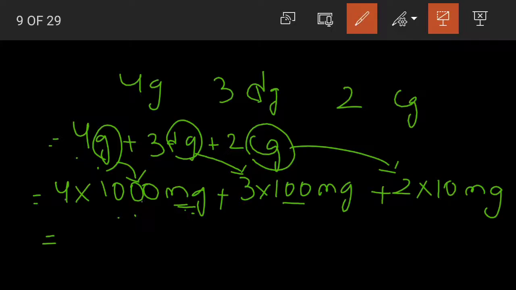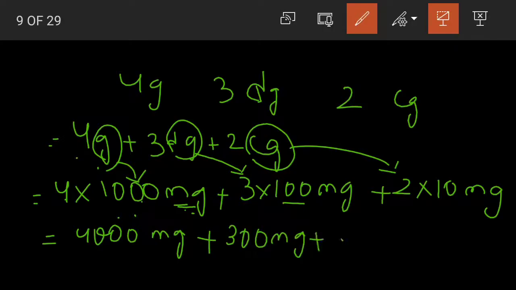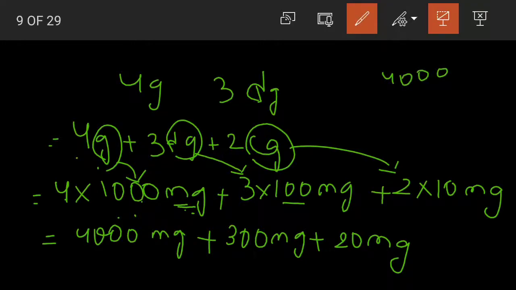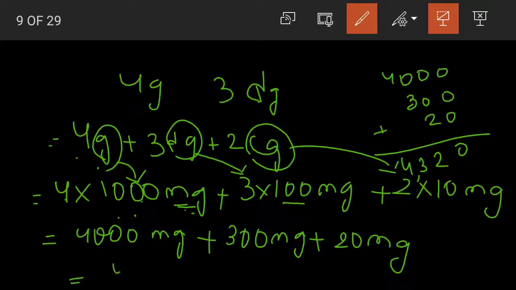So upon multiplying, 4 into 1000 is 4000 milligrams plus 3 into 100, 300 milligrams plus 2 into 10, 20 milligrams. We'll write all these and add 4000 plus 300 plus 20. 0, 2, 3, 4. What is the final answer?